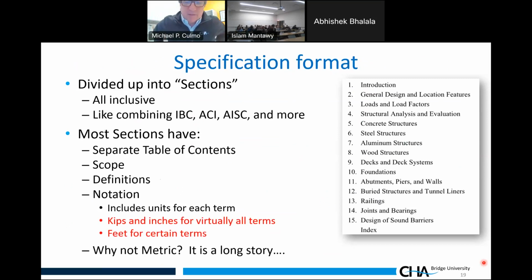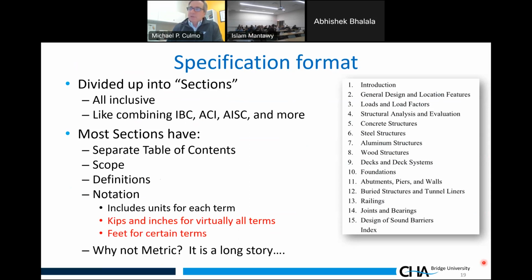You've probably been using it quite a bit already in class, but it's divided up into, in AASHTO speak, sections. You might call them chapters, but AASHTO calls them sections. There's 15 sections shown on the right. The key thing when you look down this list, unlike the building code, where we have the International Building Code, the ACI 318 Building Code, and the AISC steel specifications.